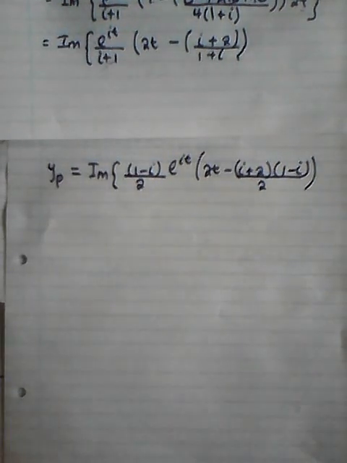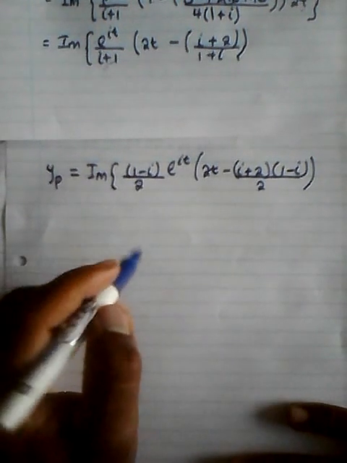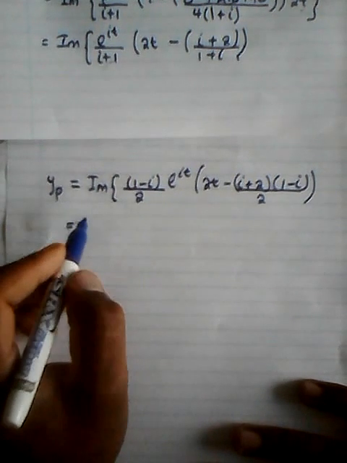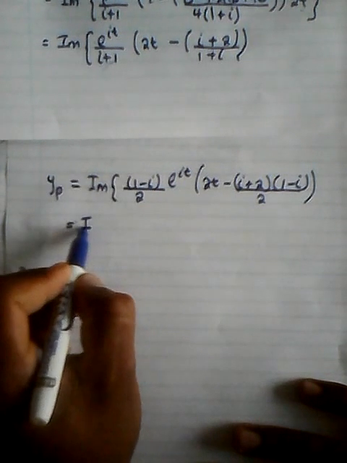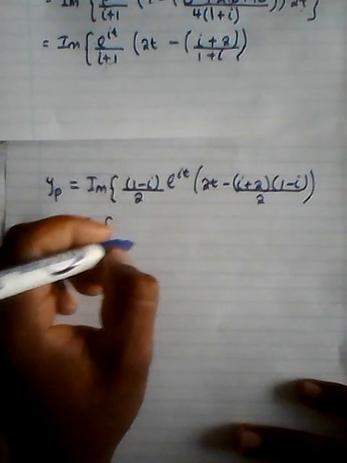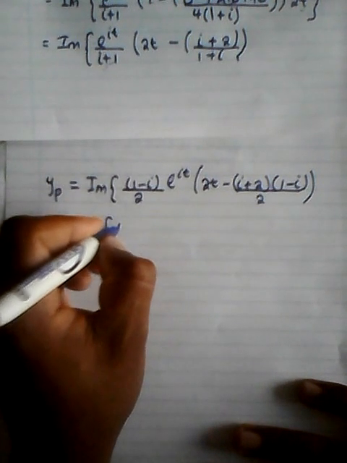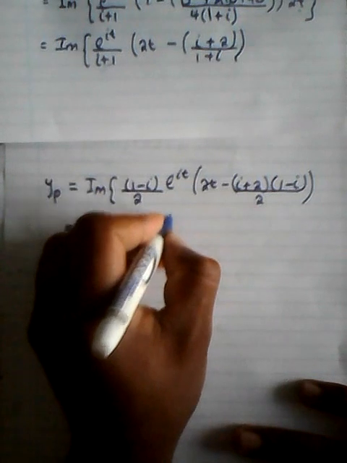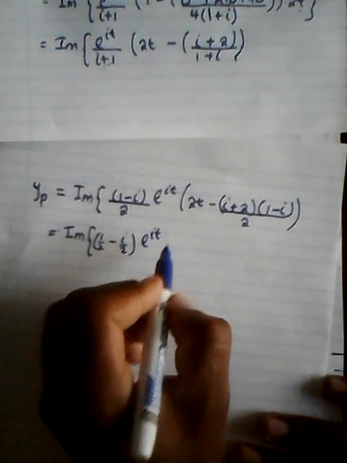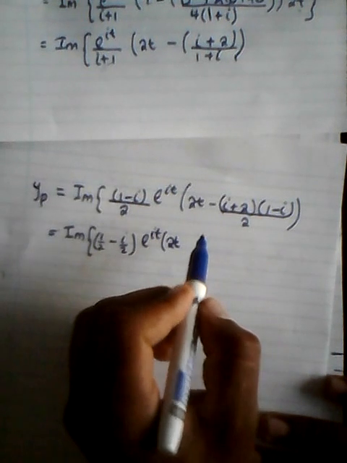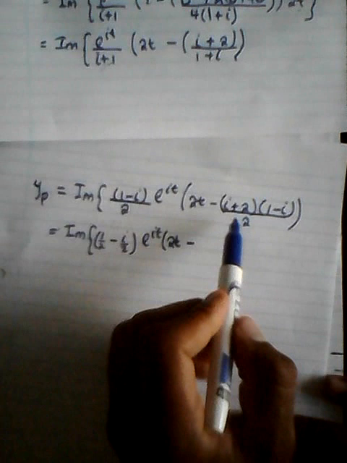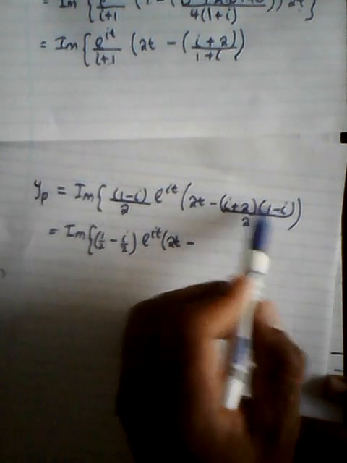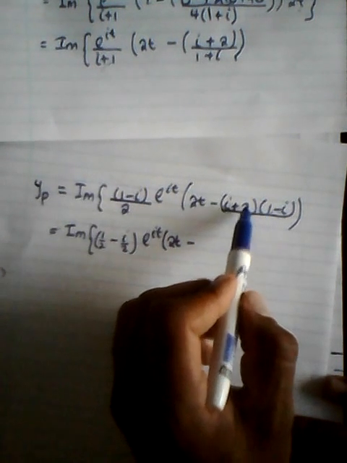So we are at this stage. When we work this out, we are aware that we're going to get yp equal to the imaginary part of 1 over 2 minus i over 2, times e to the power of it, and then we're going to have 2t minus, okay, when we work this out, we're going to get i minus 1, and then by 2 we're going to get 3, and then multiply by minus 2.